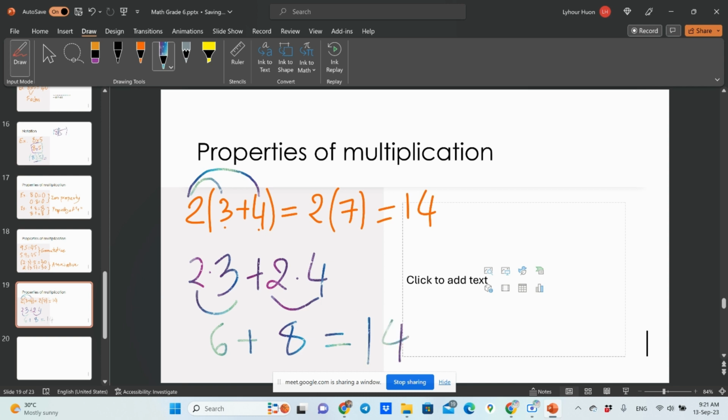So that is the same answer. You can either do the parentheses first and multiply after, or you can use the distributive property.